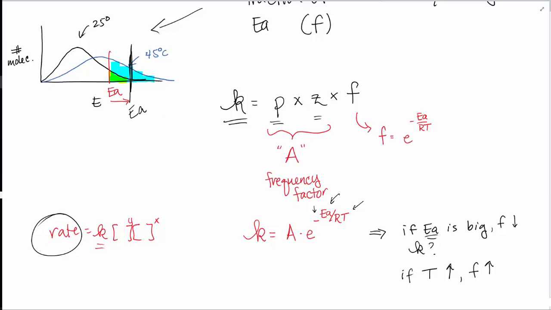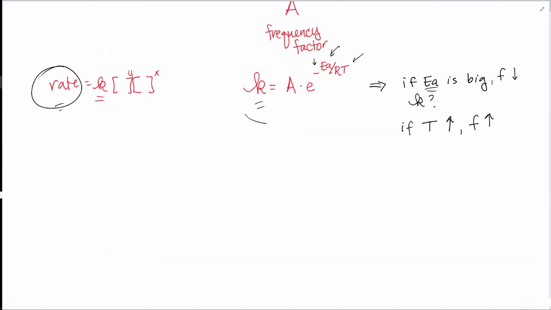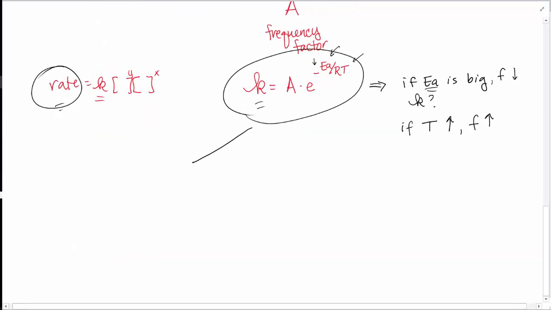That means we're going to have a bigger k and a bigger rate. So being able to think about those things is going to be important. So do please consider that. All right, so we can use this to find k if we have activation energy and RT, but it's probably not going to be as useful that way.